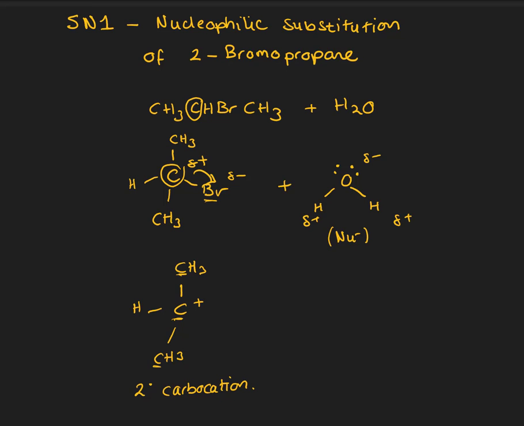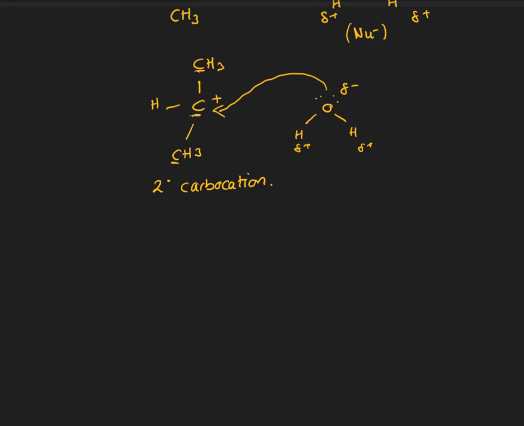And since this is positively charged, this is now going to react with our nucleophile. Again, our oxygen has a partial negative charge there. These are partially positive charged. And this partially negative charge is going to be drawn to that positively charged carbocation. And what we end up with is something that looks like this.